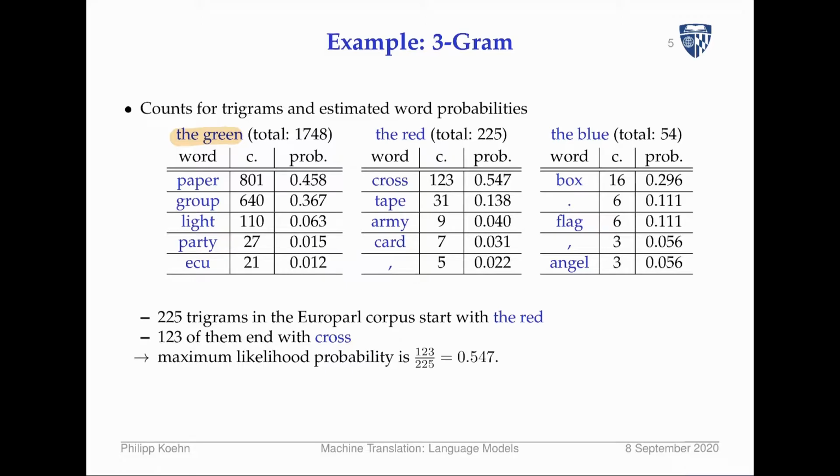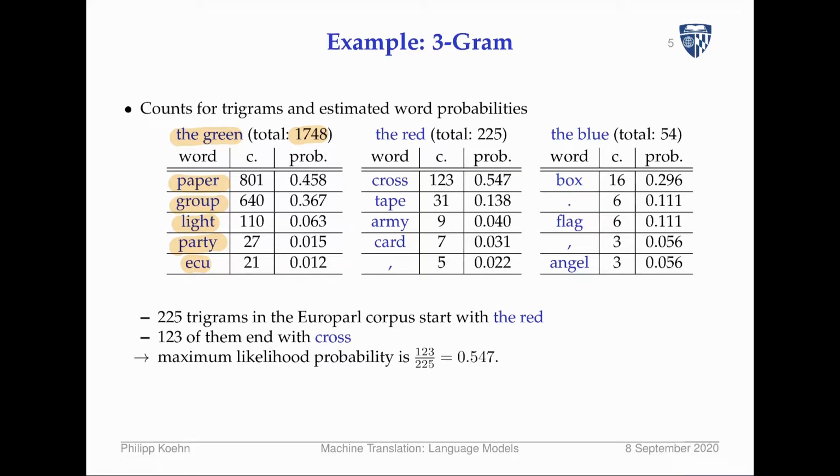That occurs quite frequently in the corpus, over 1,000 times. And what is it followed by? It's a bit characteristic of the corpus that here the most frequent word following the green is paper. So the green paper, the green group, the green light, the green party, the green ECU. So this is what's following the green.